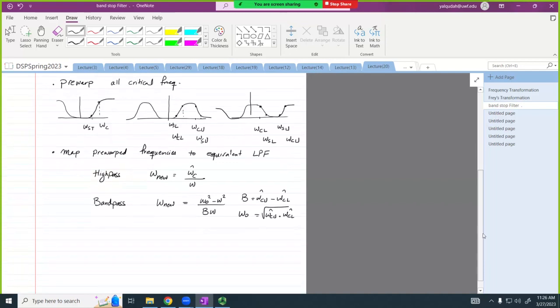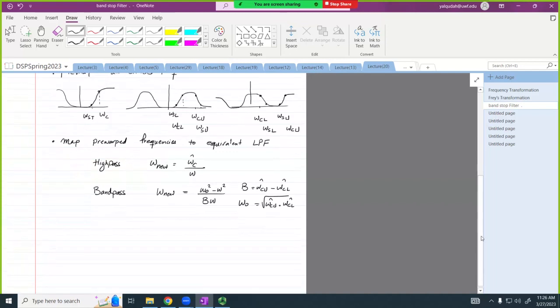Okay. And I made a typo: cutoff upper and stop upper. So I'm going to take these two frequencies.